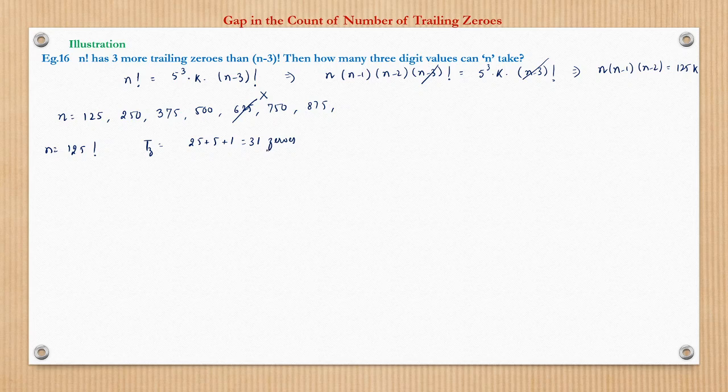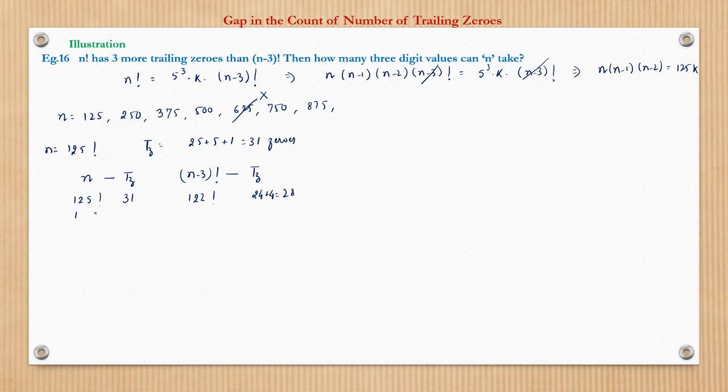Now let me make cases here. If n is equal to 125, it becomes 122 factorial. 125 has 31 zeros. 122 will have 24 plus 4, which is 28 zeros. So 3 zeros extra. This is a fine case.